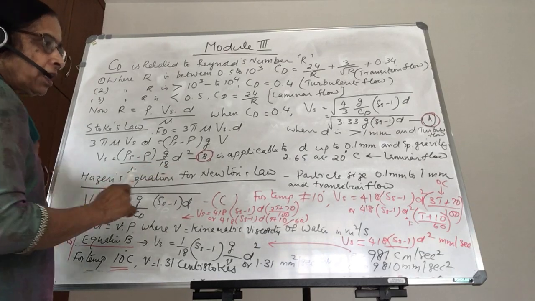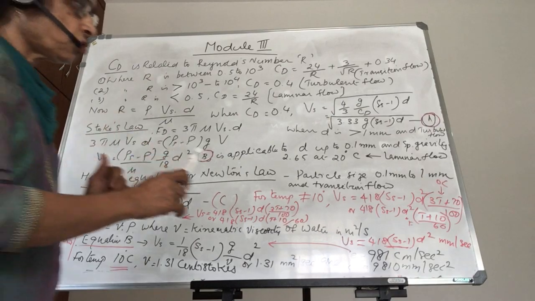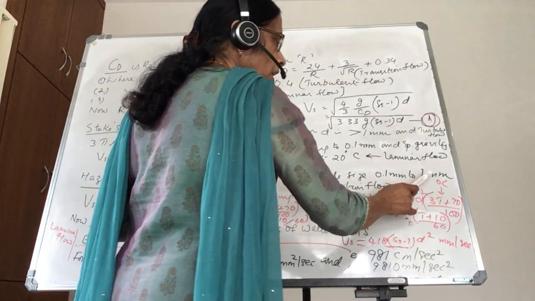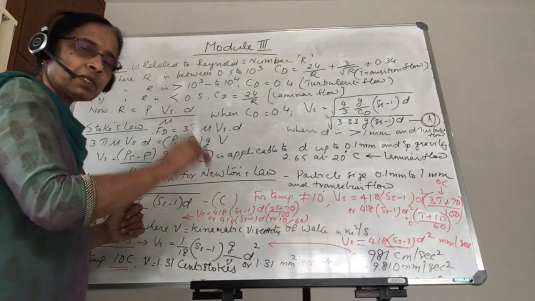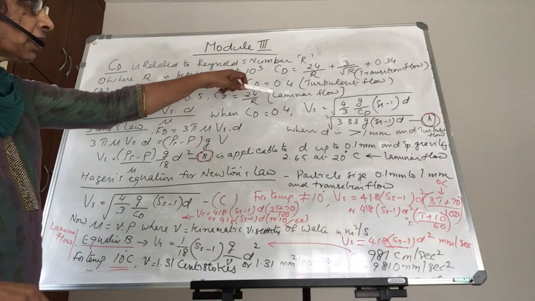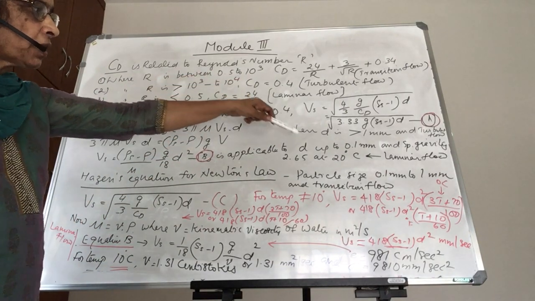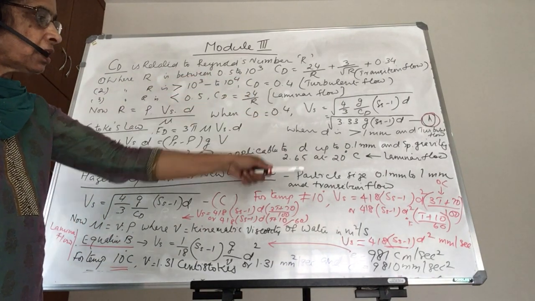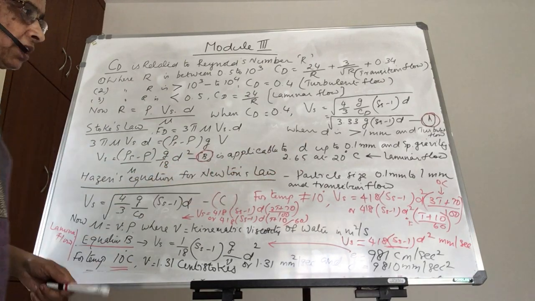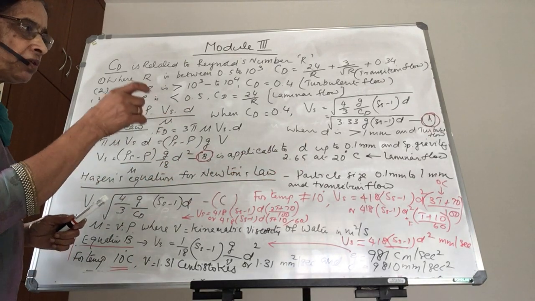That is applicable. And when the particle size is between these two, that means between 0.1 mm to 1 mm, the transition flow condition applies. Earlier we considered the turbulent flow and the laminar flow. Now the transition flow condition, and the particle size is between 0.1 to 1 mm.